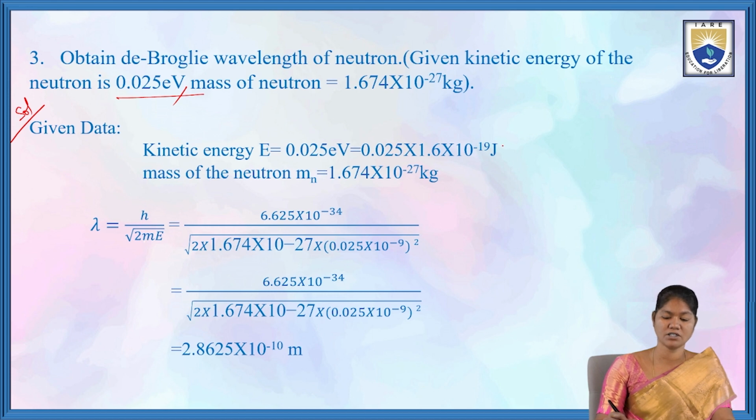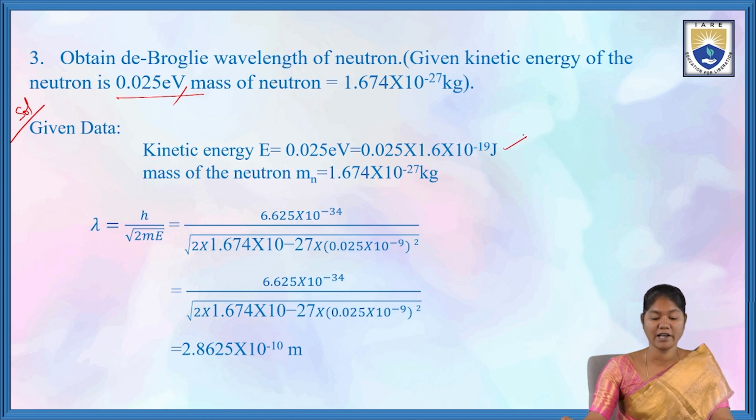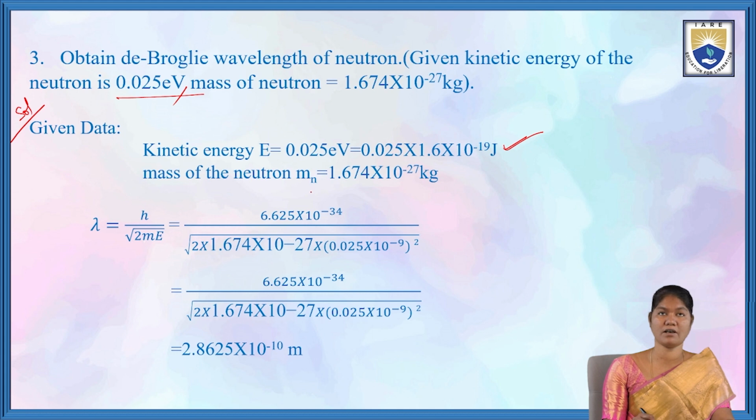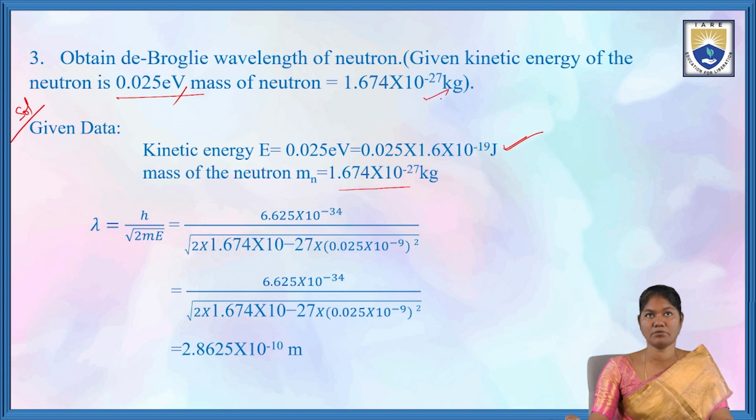Kinetic energy is given in electron volts, so E is equal to 0.025 electron volts. I'm converting into joule, so multiplying this 0.025 with 1.6 into 10 power minus 19 will give the energy in joules. And mass of the neutron Mn is equal to 1.674 into 10 power minus 24, which is given in the problem.